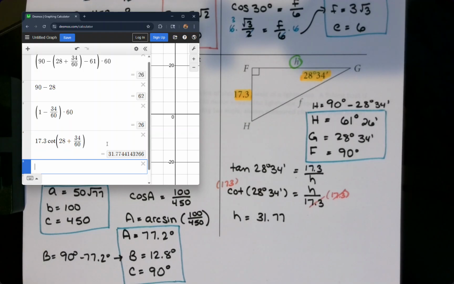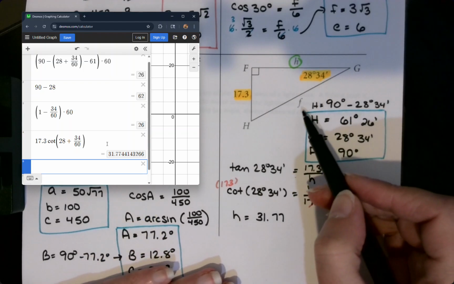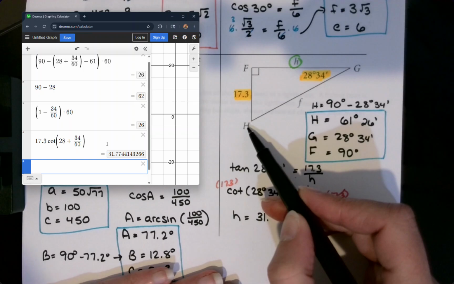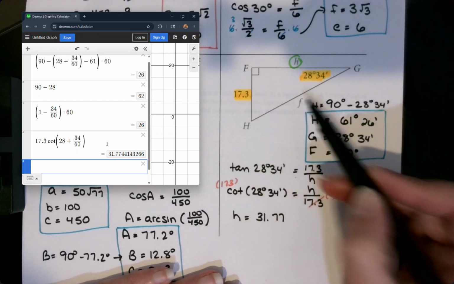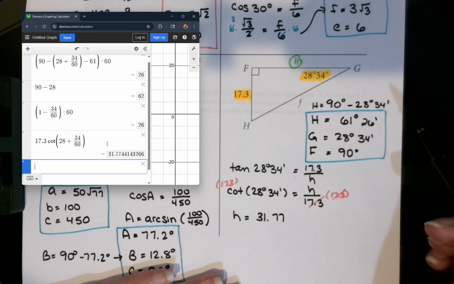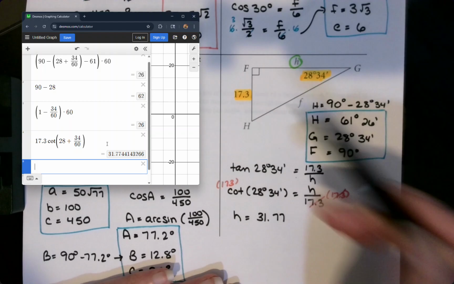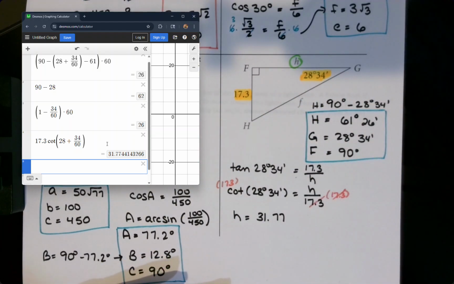All right, we need to find F. So again, for F, I have choices. I can use a sine or even a cosine, or I can use the Pythagorean theorem, having now known two of my sides right here. It doesn't matter which of these I go for.